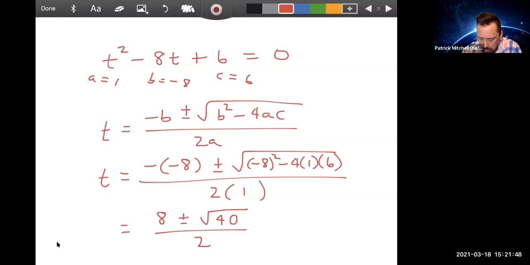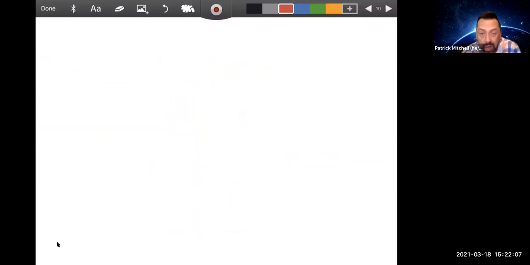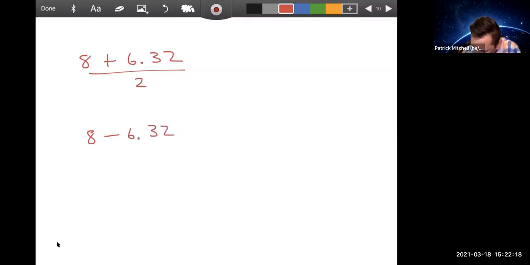And that comes out to about 6.32. Okay, so that gives me 2 possible solutions, I should say. 8 plus 6.32 divided by 2, 8 minus 6.32 divided by 2.